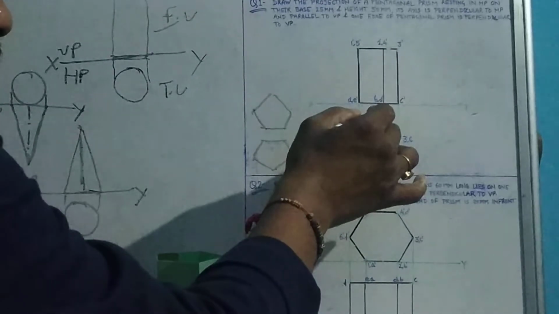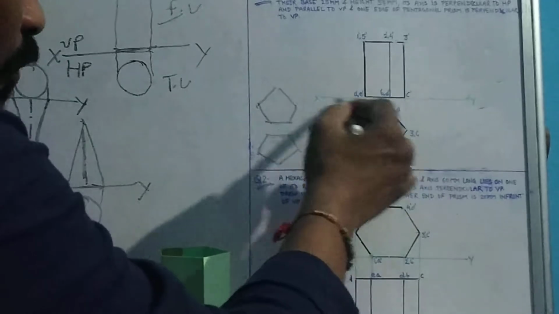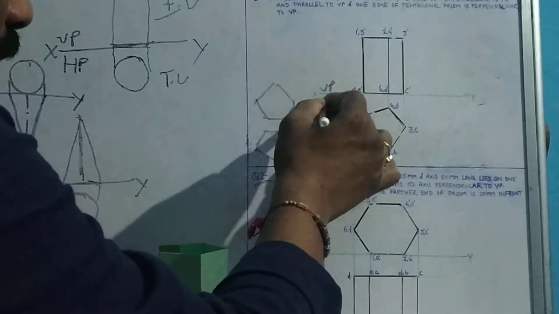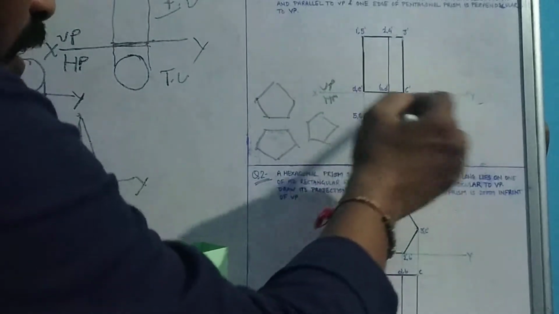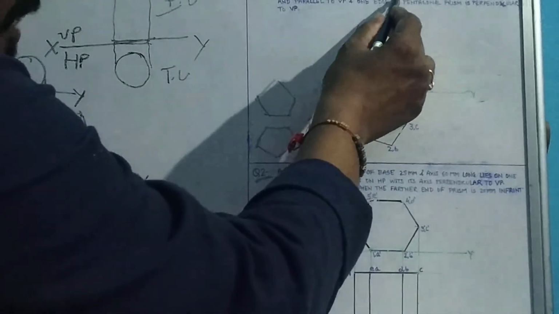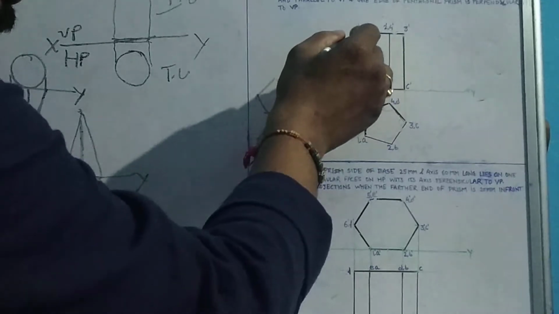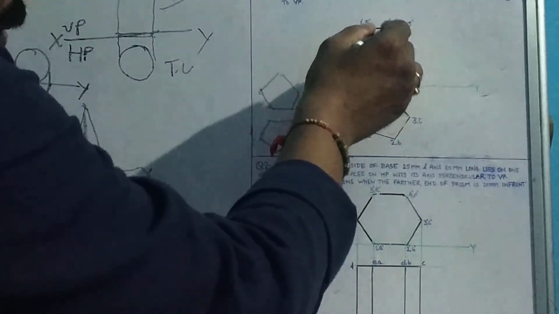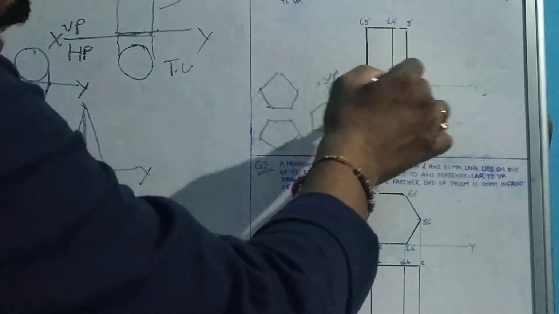We draw the projection lines upward. This is our XY line, this is the VP plane and this is the HP plane. With respect to this XY line, whatever height is given, here it is mentioned the height is 50 mm. From here we draw 50 mm height, and from here 50 mm, and we get this type of rectangular shape.